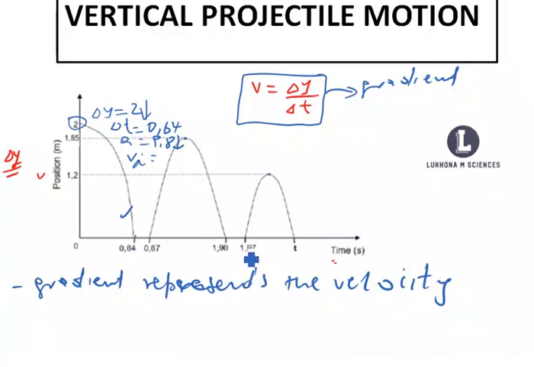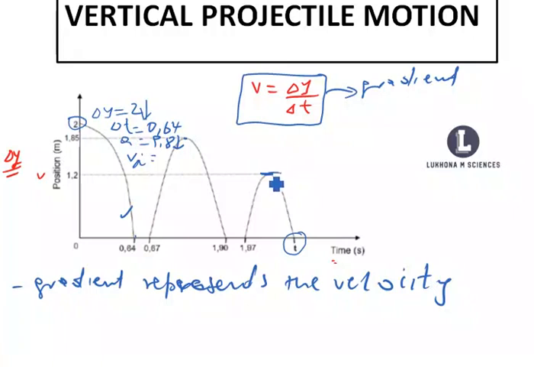Now let's analyze here. We have this height, which is delta y. Then we will want this time. Maybe in the statement we will be given something from here, so it is very easy.